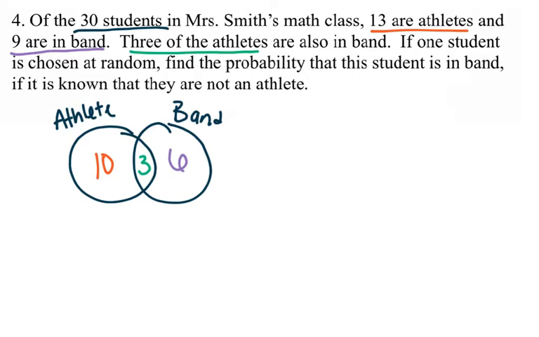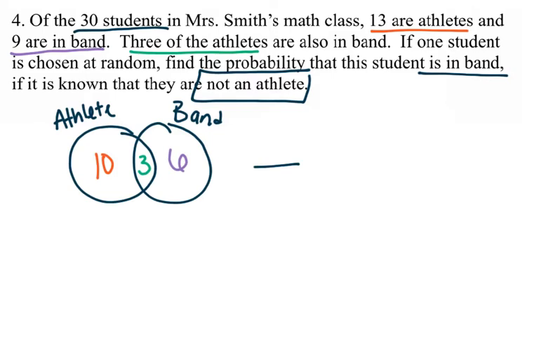Now I'm going to find the probability that the student is in band, knowing that they are not an athlete. There are only 6 people who are not athletes. And we know that they're in band. Sorry, not 6. Okay, so let me try this again.